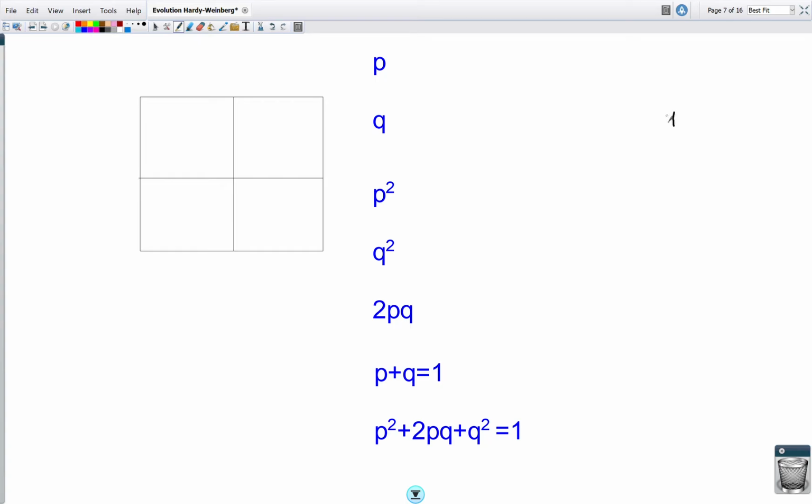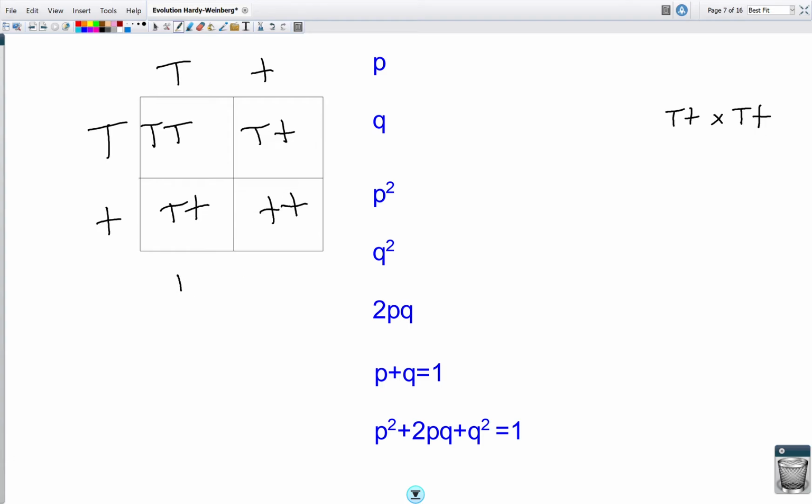And so one of the other assumptions that Hardy and Weinberg make is that everybody starts off heterozygous in a population. In other words, if I were to come over here to my Punnett square and I do the cross between two heterozygotes, I get a 1 to 2 to 1 ratio of dominant to heterozygote to recessive.